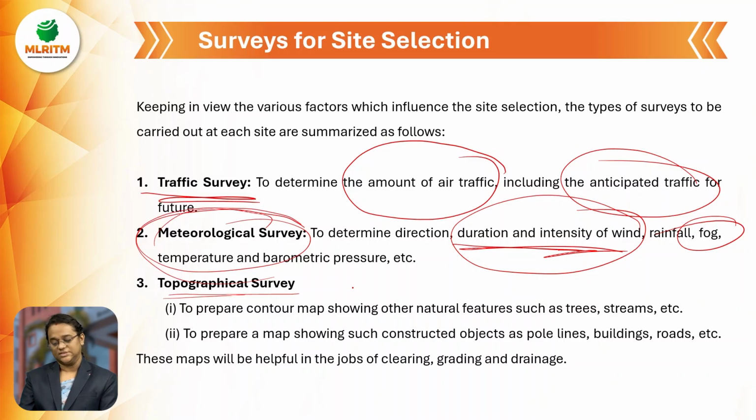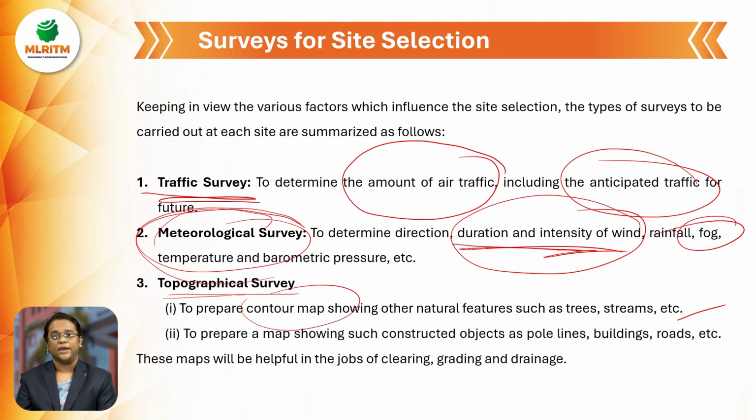The topographical survey is used to prepare a contour map showing the natural features. Basically, whenever you are selecting a site for an airport, the runway should be free from obstructions, whether natural or man-made.